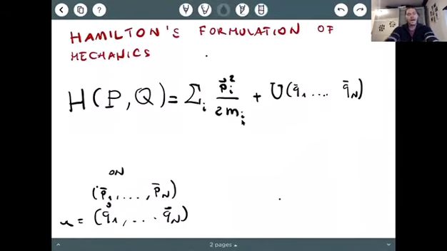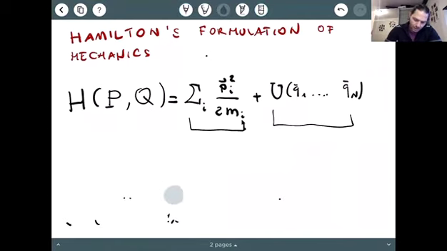So Hamilton's function is a combination of two pieces. This term and this term. What are they? Well, let's look at the first term. Let me remind you what P are.